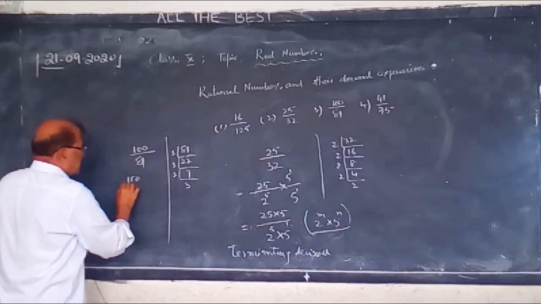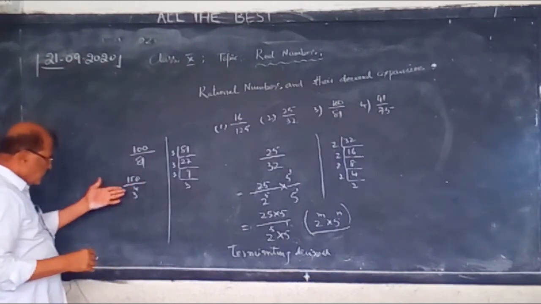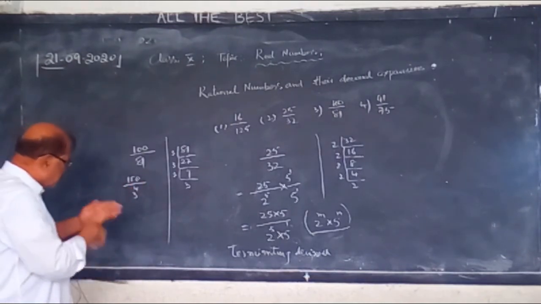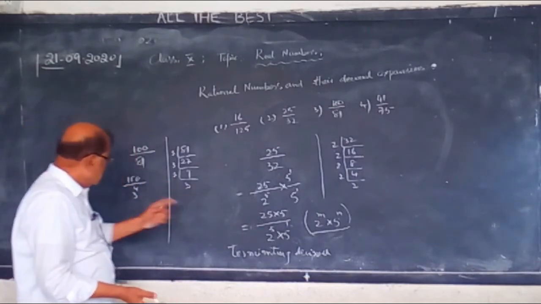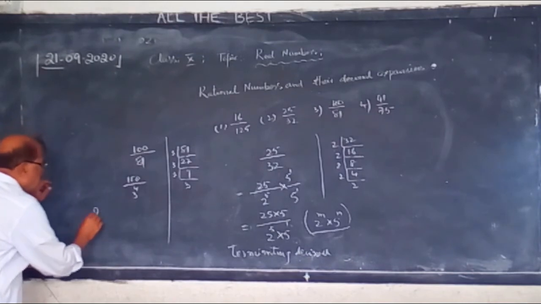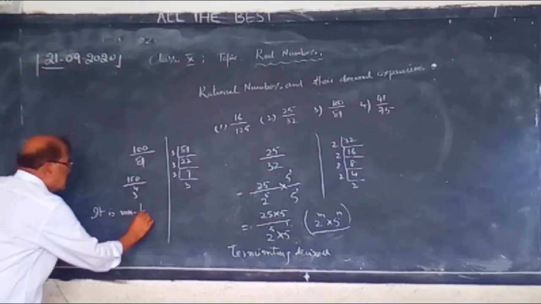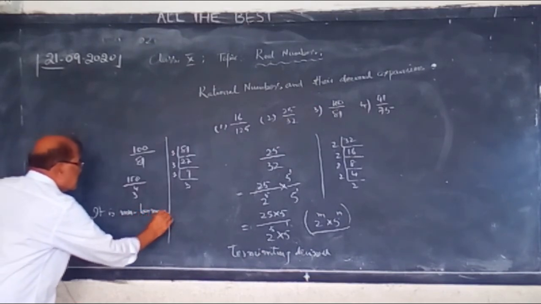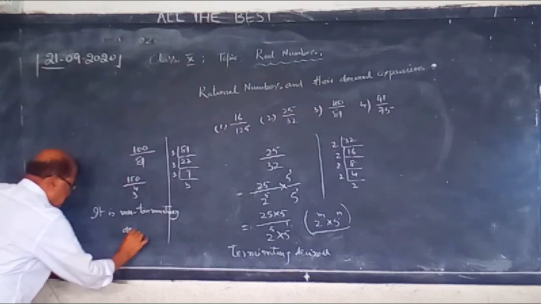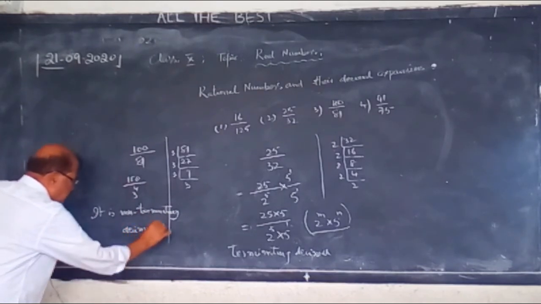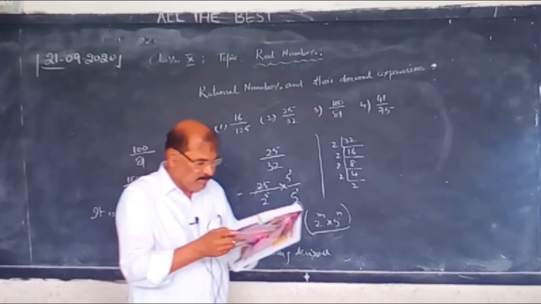So 100 by 3 to the power of 4. 3 to the power of 4 is always there. So you don't find 2 or 5. So it is a non-terminating decimal.